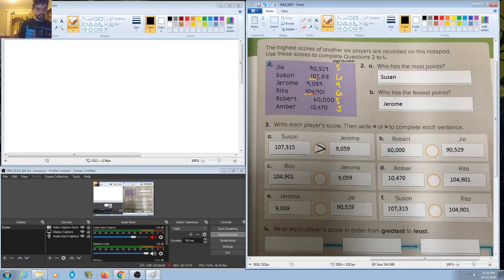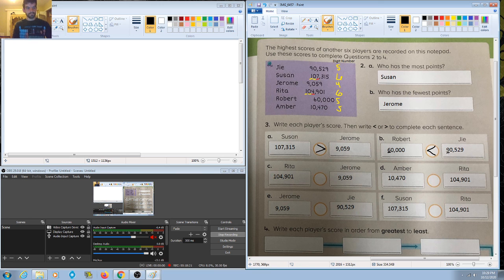For B, Robert and G, or Jai, both have 5-digit numbers. So in this case, we need to look at place value specifically. In the 10,000th place, we can find the difference because they are different values. G has 9 in the 10,000th place and Robert has 6. So G's score will be greater.